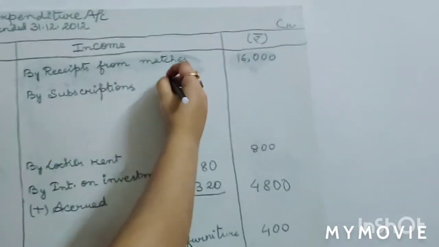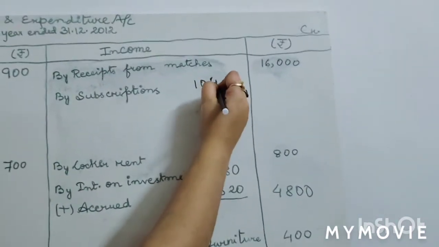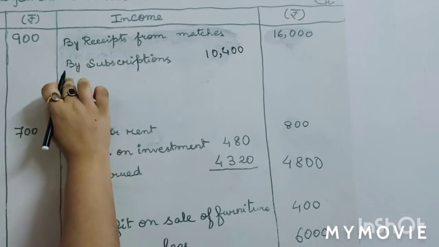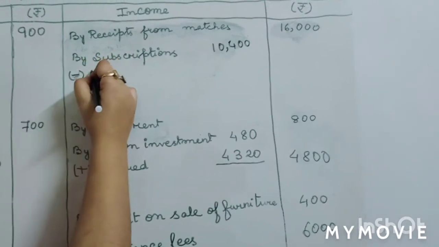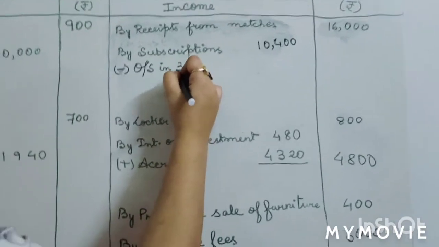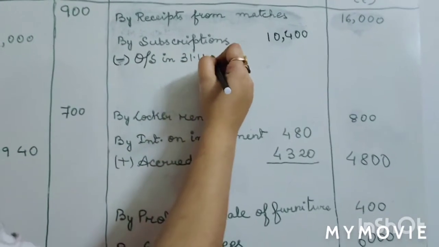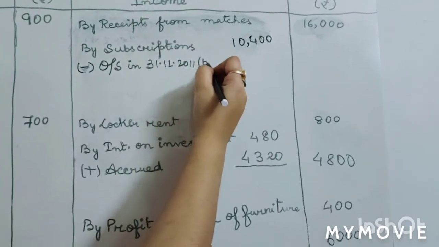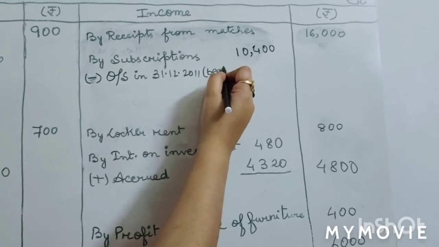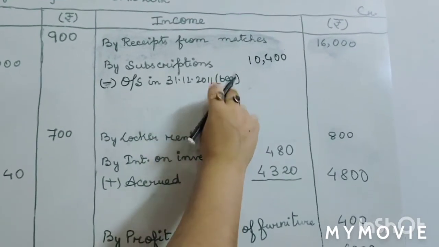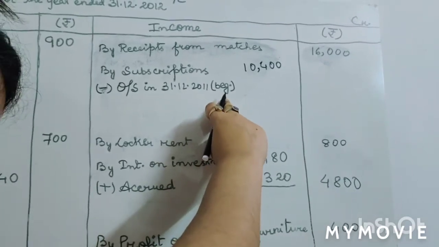Now subscription, what is the amount? We have 10,400, and as we all know, outstanding in the beginning should be deducted. So less outstanding in 31st/12/2011. Just now I told you that the ending of the previous year will be treated as the beginning for the current year. So outstanding in 31st/12/2011 means outstanding in the beginning, that should be deducted.